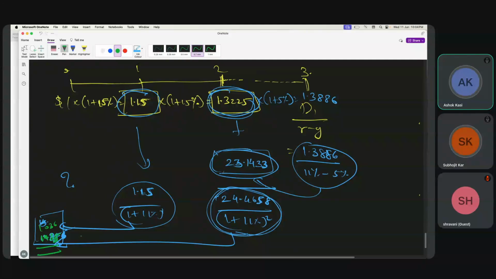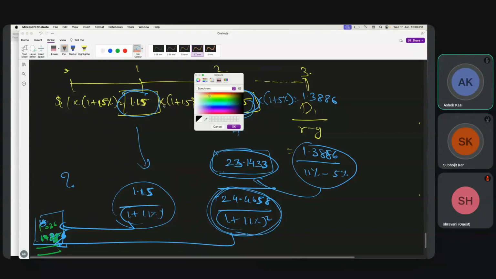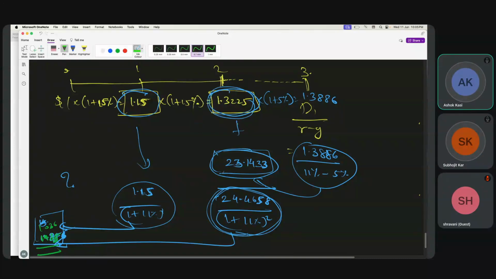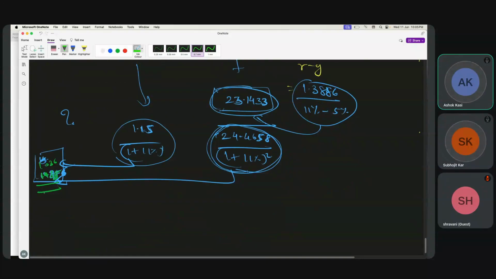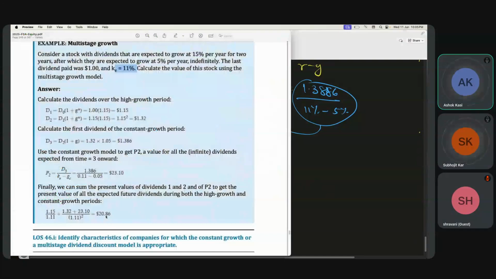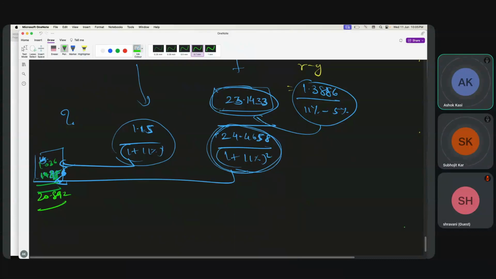Adding both, 1.036 plus 19.856 is 20.892. Those are all decimal details. If the number is not clear, you do 20.892 minus 1.036 and you will get 19.856. Is it okay? You understood this?